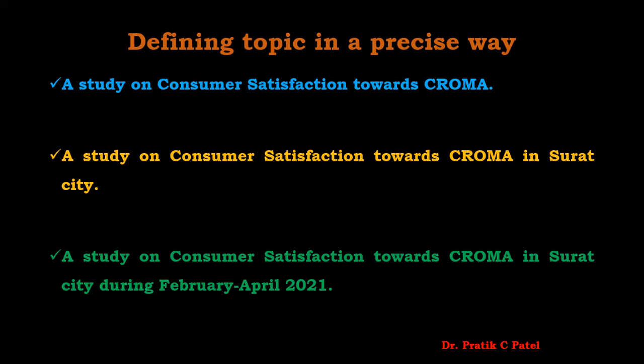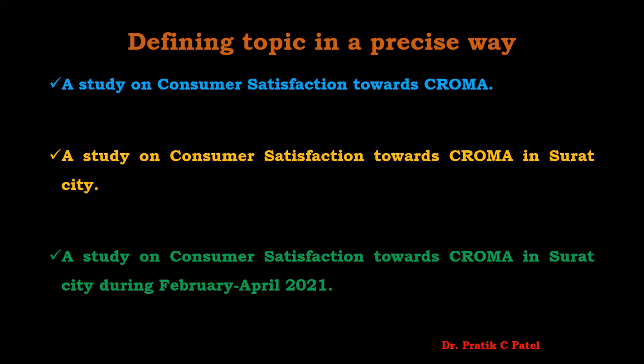Why? It talks about that the topic is limited to Surat city only. So those who are reading your report will get to know that in the best possible situation, this research can be generalized in Surat city only.